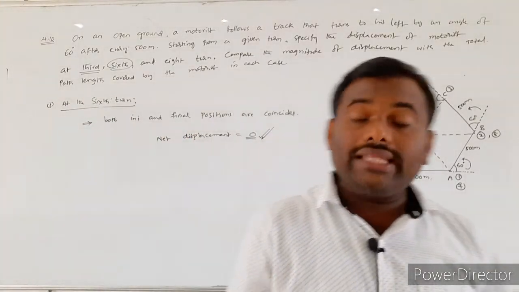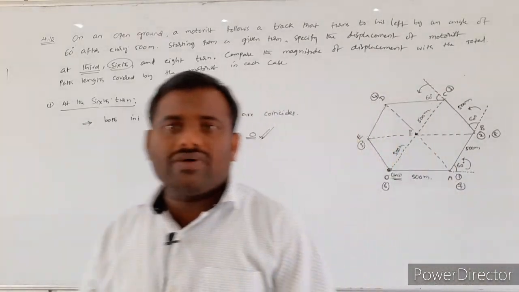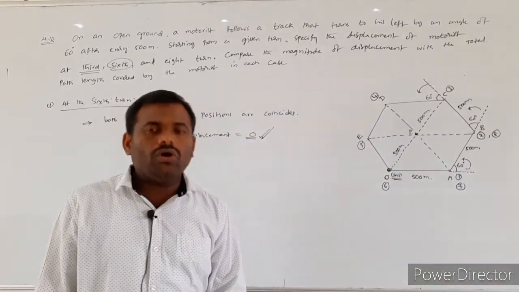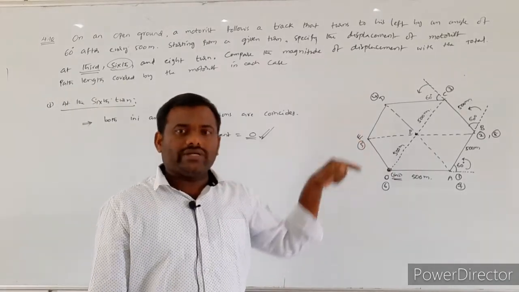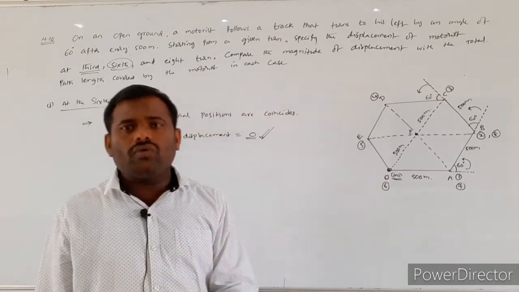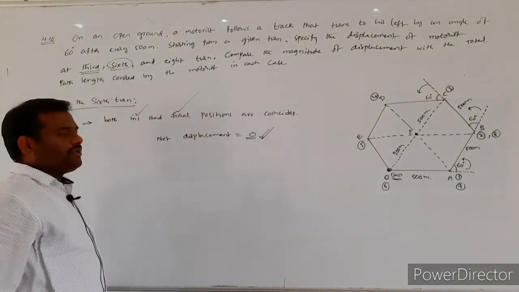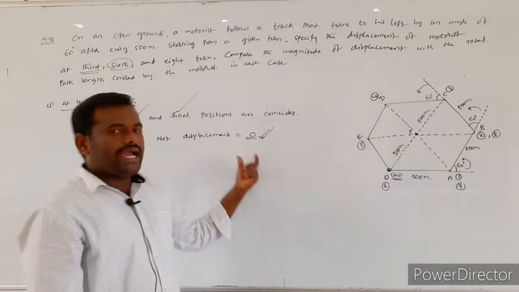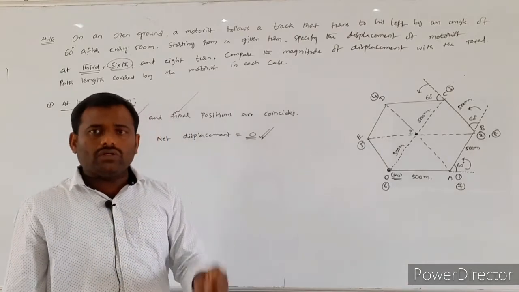Once again, why is the net displacement 0? The motion was started from the point O and at the same time the sixth turn also takes place at the point O only. That's why his initial as well as final positions coincide, so the net displacement for the sixth turn is equal to 0.